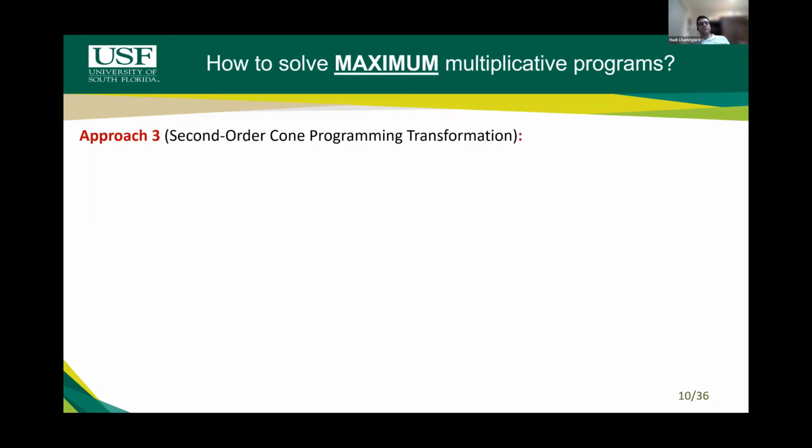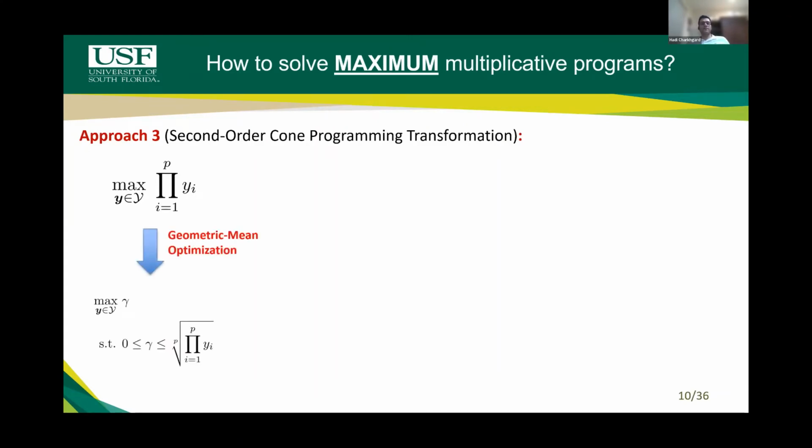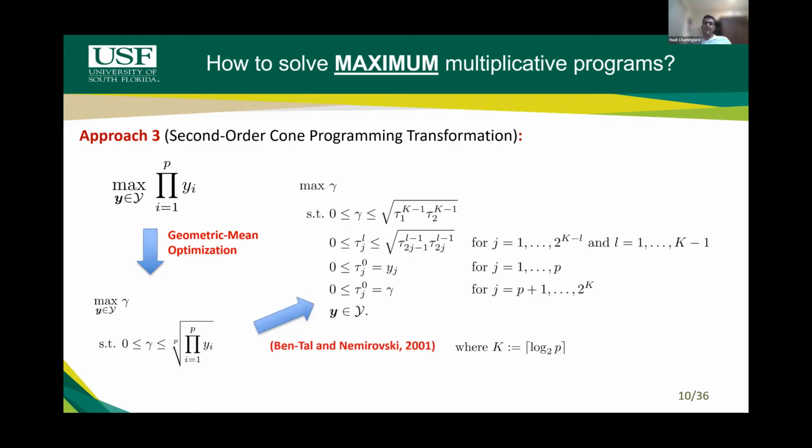My favorite approach for the maximization case is a second order cone programming transformation. It basically says that if you have a multiplicative program like this, that is equivalent to solving this geometric mean optimization problem. And there's a nice way to change any geometric mean optimization problem into a second order programming problem.